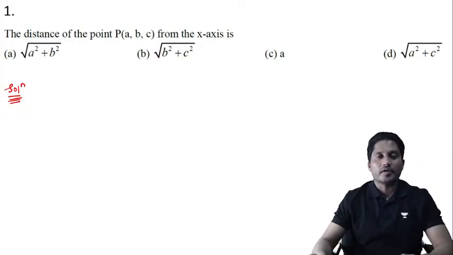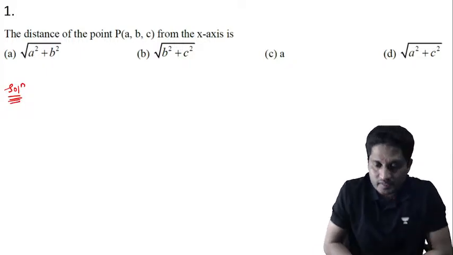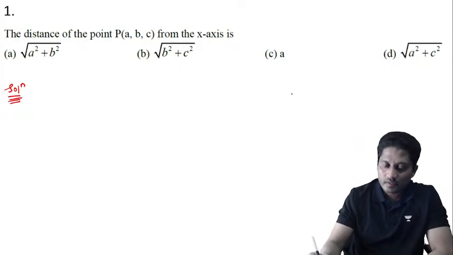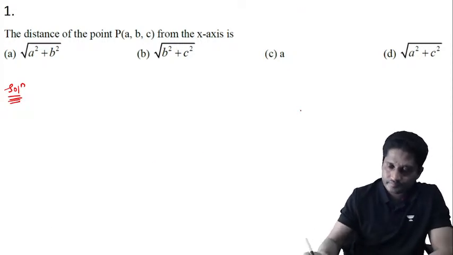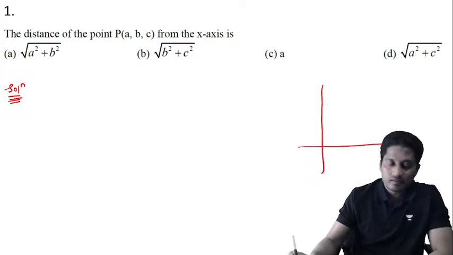Right, so distance of the point P of a comma b comma c from x-axis. Now see, if I have, let's say, x-axis and y-axis, this is x-axis and this is y-axis and 0.